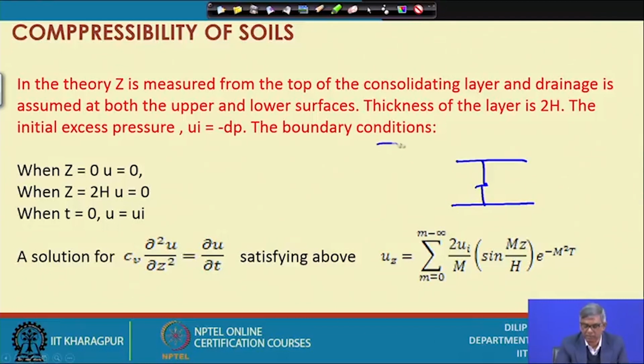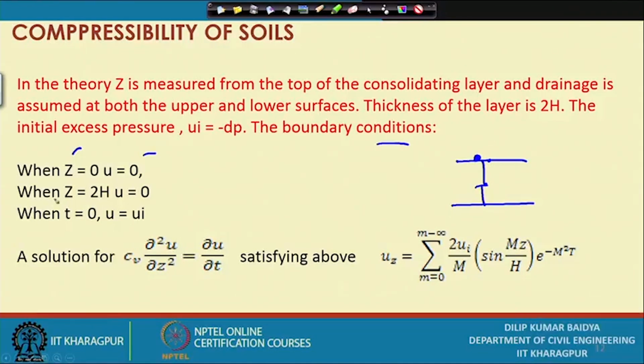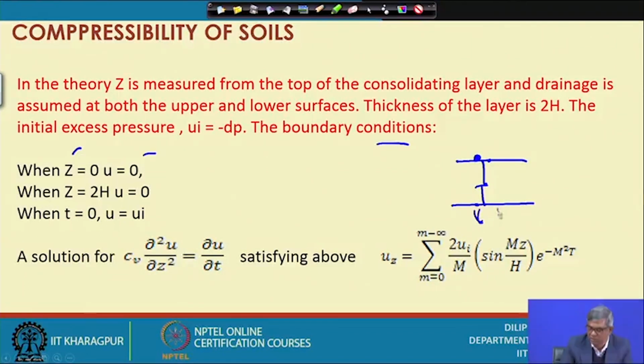The boundary conditions are at z equal to 0, u equal to 0 at the surface. When a load is applied, at this point immediately the pore pressure will be dissipated because it is a surface, so it will become 0. At z equal to 2h, if there is a drainage provision, there also it becomes 0.